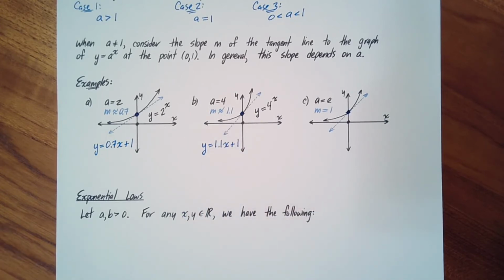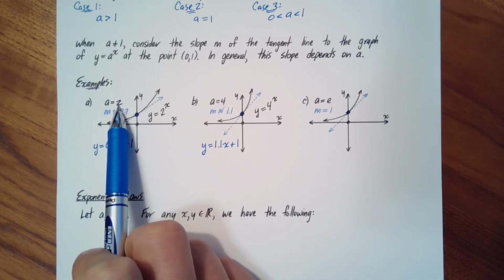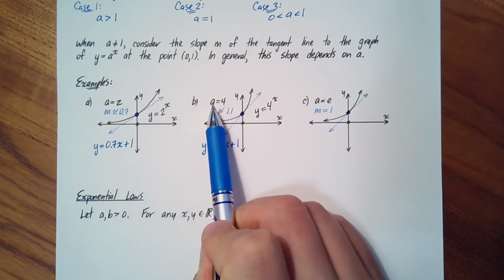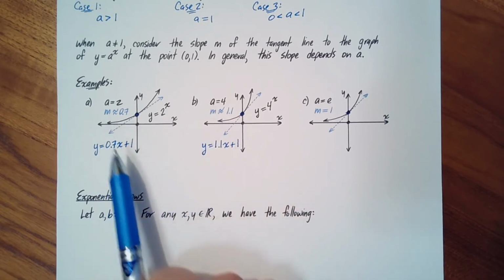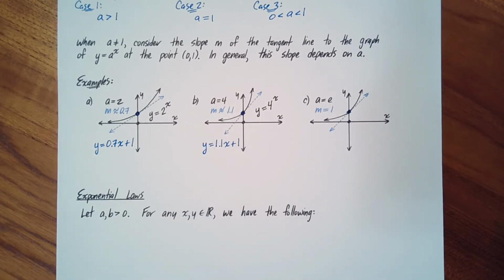It might be hard to figure out exactly how to make it happen, but you're probably willing to believe at this point that there's some value of a, probably between 2 and 4, somewhere in the middle, that we can choose, just the perfect exponential base to make this slope not less than 1 and not greater than 1, but actually exactly equal to 1. Okay, and I'm not saying it's easy to find that number, but I'm hoping that you're willing to accept that there is some number out there that would make it happen, and that's the point of this.